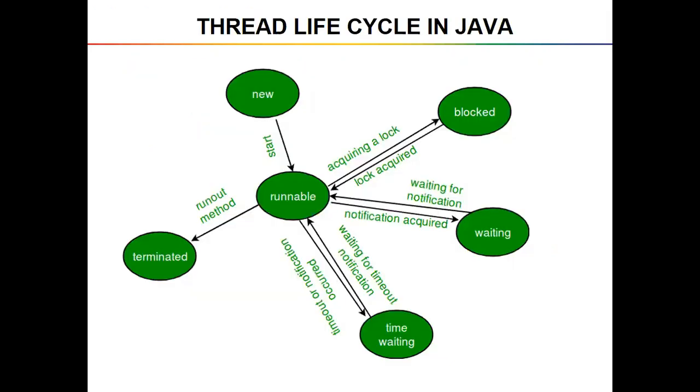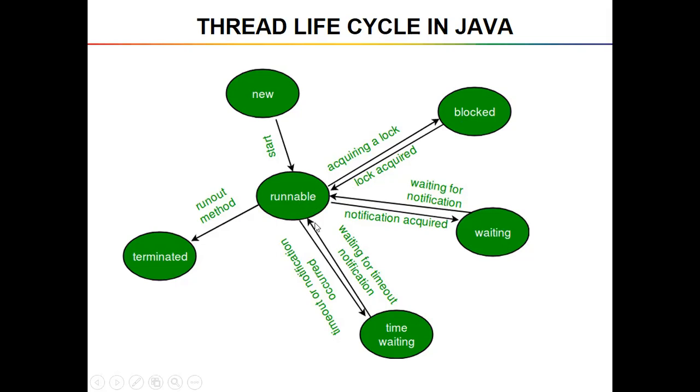This is the thread life cycle. Whenever a thread is created, it will be in the new state. Then when the start method is invoked, it will enter the runnable state. If a thread is acquiring a lock, it reaches the blocked state. Once the lock is acquired, it comes back to the runnable state. When a thread is waiting for notification, it enters the waiting state, and once the notification is received, it comes back to the runnable state.